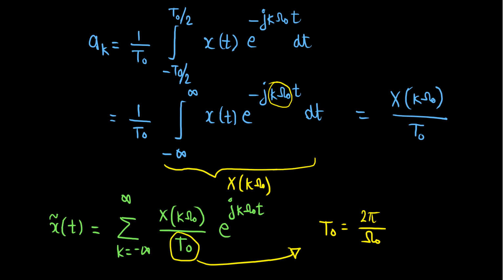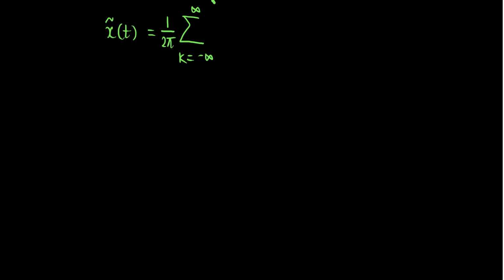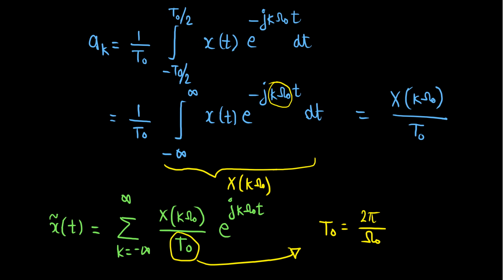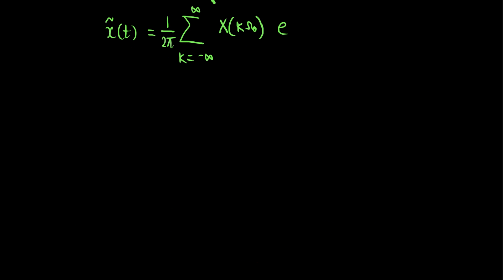So 2 pi will be there in the denominator. I have taken 1 upon 2 pi outside, and what we are left with is omega naught in the numerator. So that is going to be equal to capital X of k omega naught times e power jk omega naught t times omega naught.